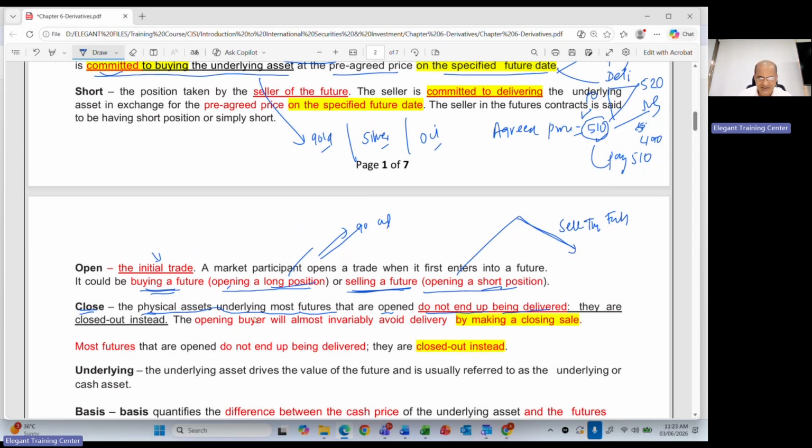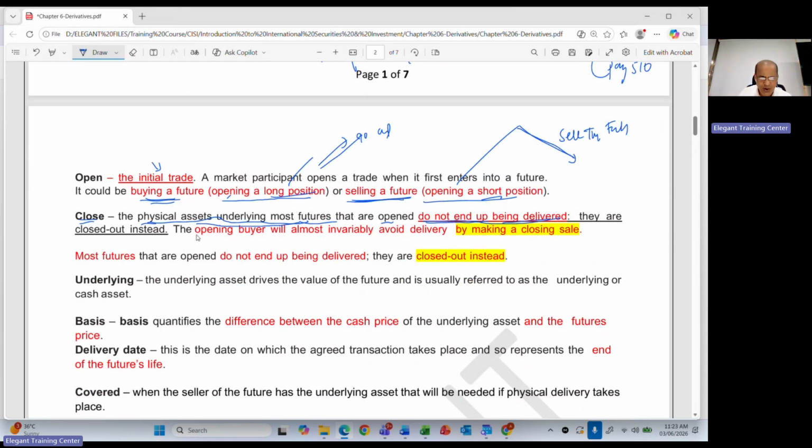The physical assets underlying futures do not end up being delivered. It means you neither pay nor take delivery. What you ask for is the difference. The opening buyer will almost invariably avoid delivery by making a closing sale. So when you do not take delivery, you ask for the difference.